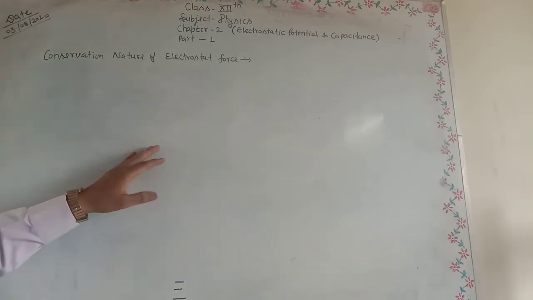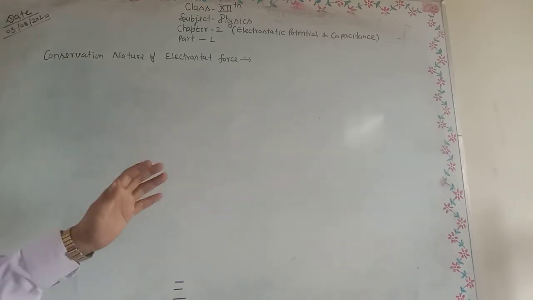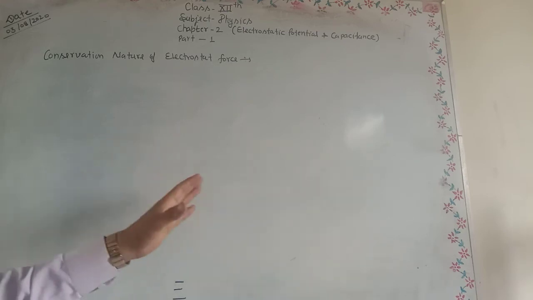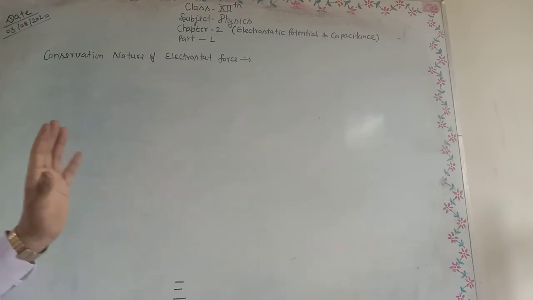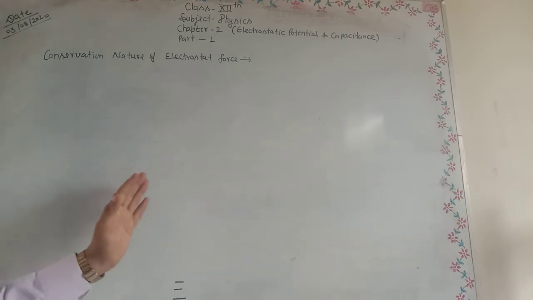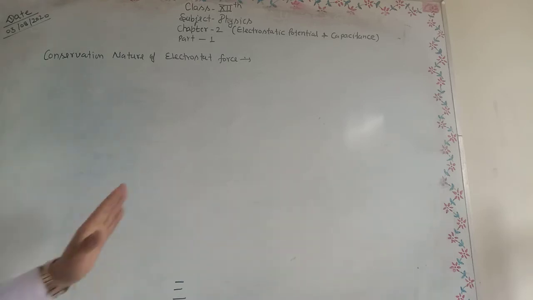If the work done by a force between 2 points is independent of the path followed between the points, then the work done by a conservative force along a closed path is always zero.